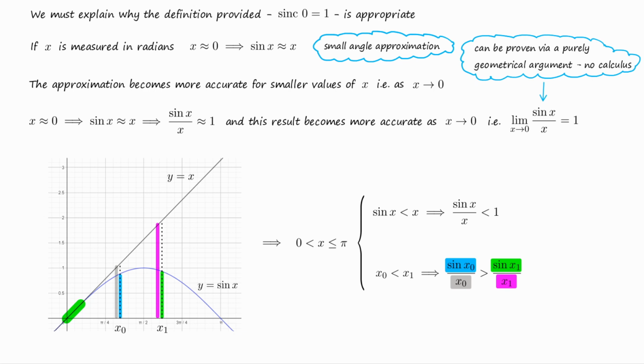And from the relative sizes of sin x and x for all values of x between 0 and pi, the graph suggests that this result is true as long as x sub 0 is less than x sub 1, i.e. it suggests that sin x over x is a decreasing function in this range.